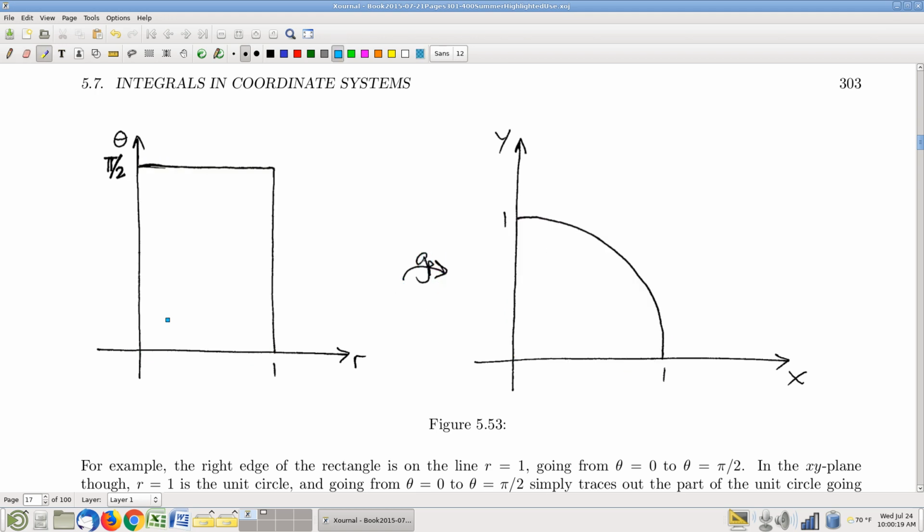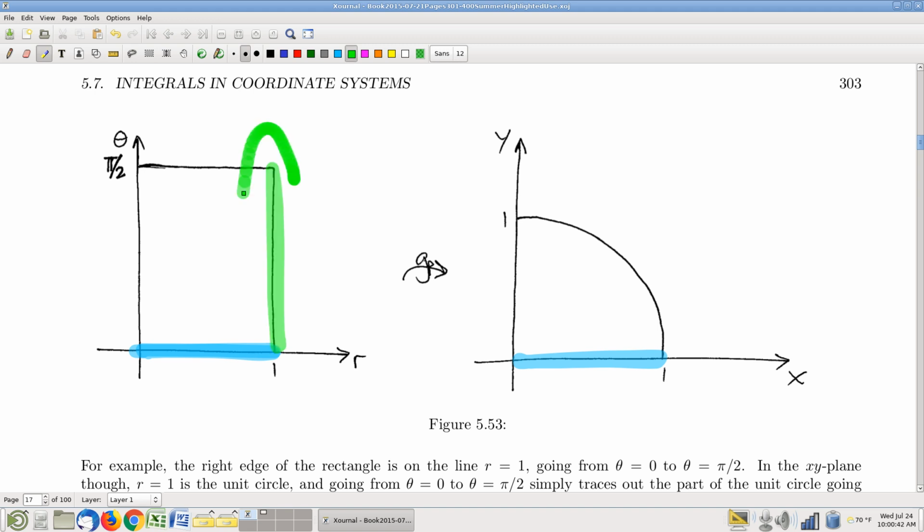And let me just persuade you that this is the case. Let's look at this line segment right there. That line segment has theta equal to 0 and r goes from 0 to 1. And in the xy plane, there's theta equals 0, r goes from 0 to 1. Now let's look at this line segment here.